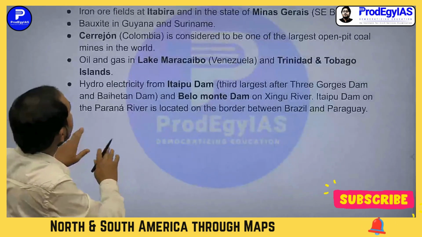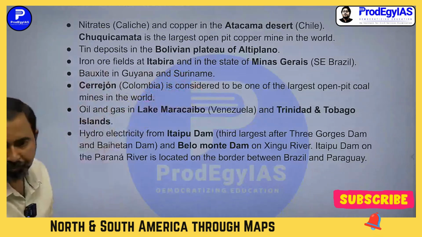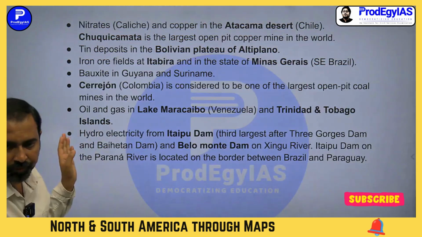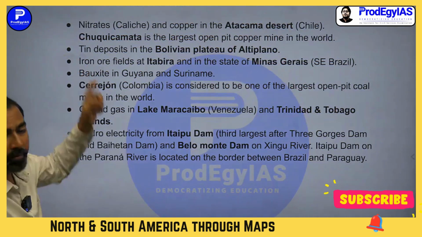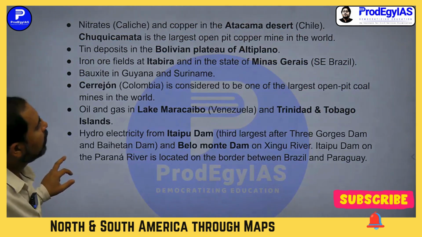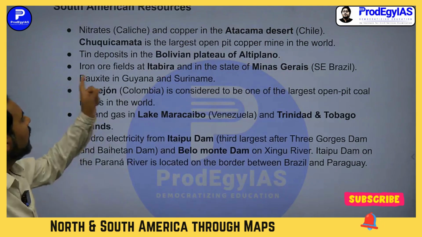Tin deposits in the Bolivian plateau of Altiplano. Like Democratic Republic of Congo is famous for cobalt and coltan, it is famous for tin. The largest tin reserves lie in Bolivia, Altiplano. Iron ore fields.